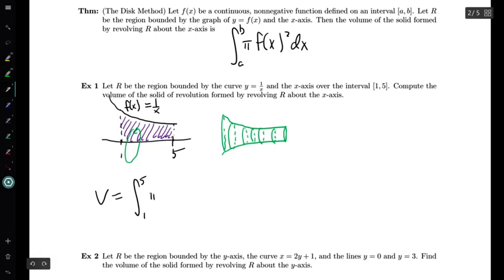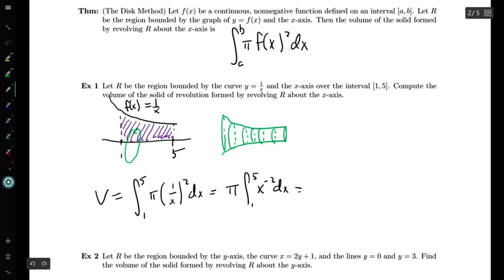And I want to integrate the function pi times f of x squared. And doing a little bit of work, I know that pi is a constant that can be factored out. I still have the integral from 1 to 5. 1 over x squared is x to the minus 2.